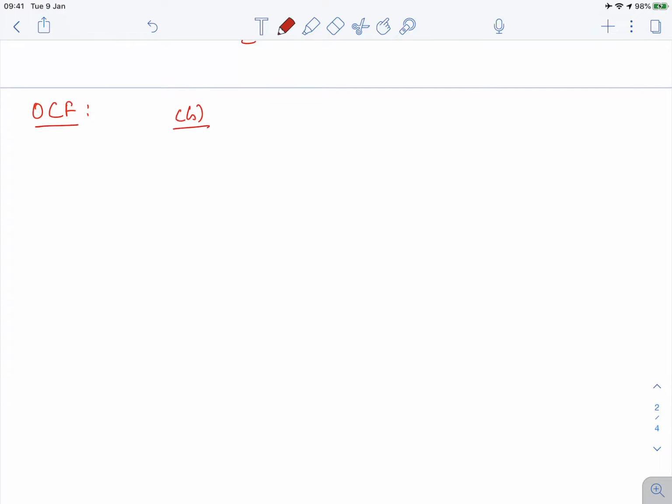So writing this C by R of s again, this is what I obtain if I divide the numerator and denominator by the highest power of s, and here we have s cube.